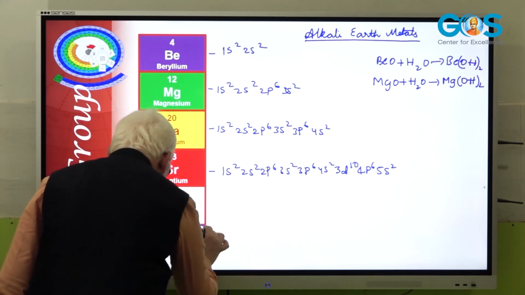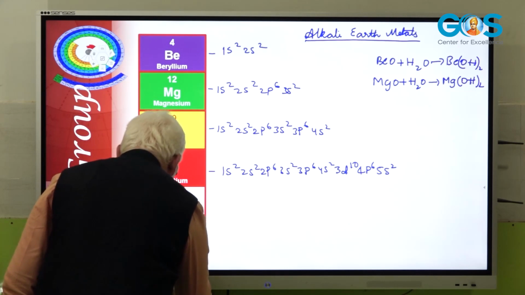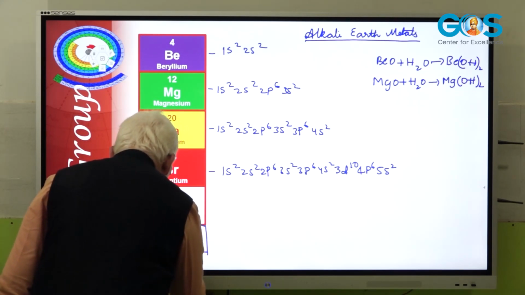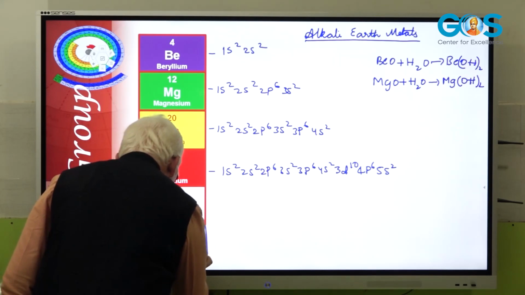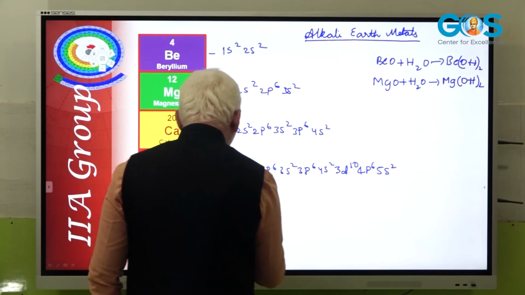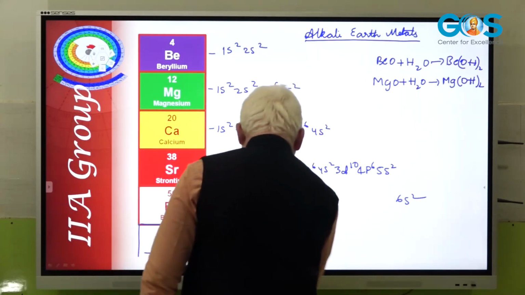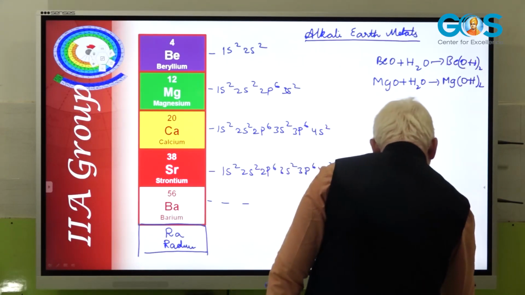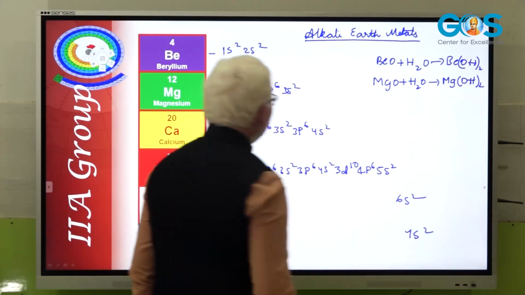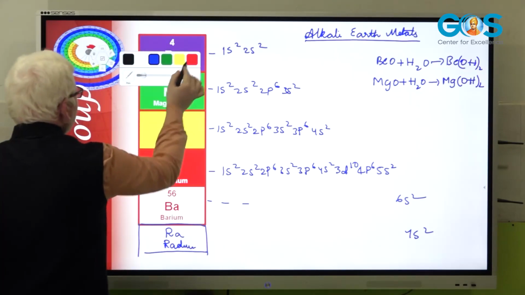I forgot to place it here in the presentation, that is radium. Barium, radium. In a similar way, all will finally get 6s2 and 7s2. Now what will be the valency electronic configuration of each element?